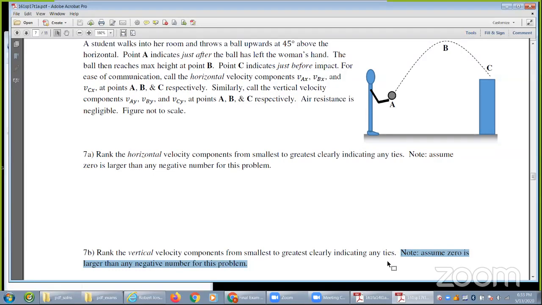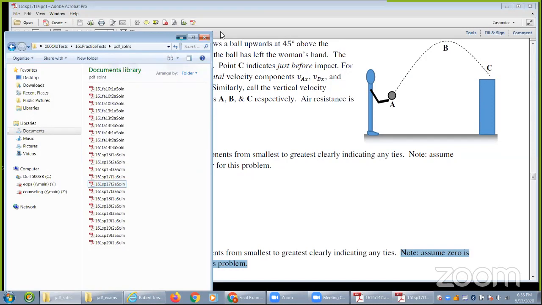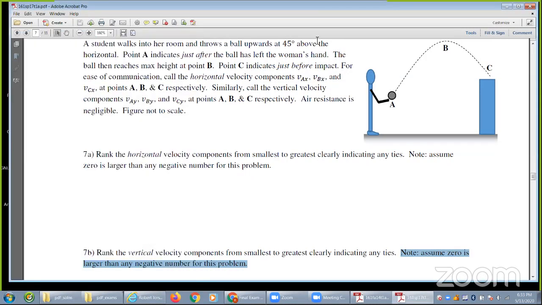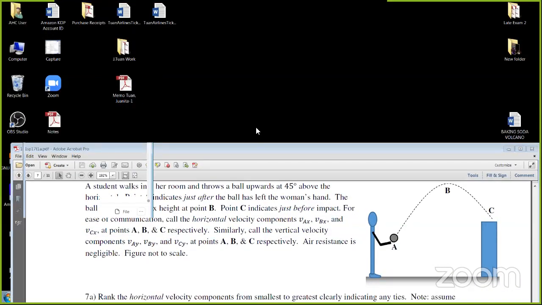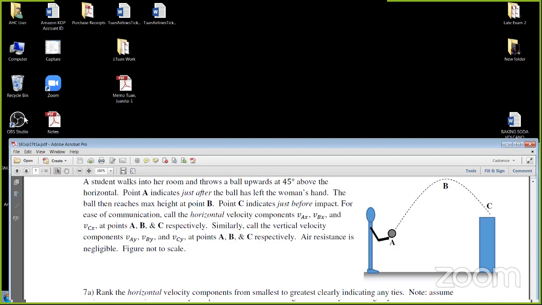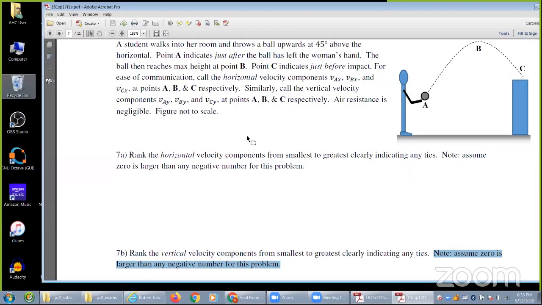Assume 0 is larger than a negative number. Does that change your mind? Where'd that chat go? Come on, chat. Yeah, sorry about that. Yep, C is negative, then B, and then A is the largest, right? Okay.